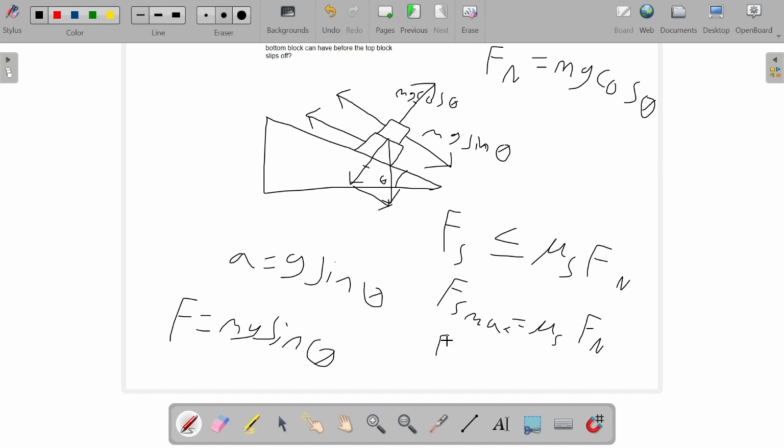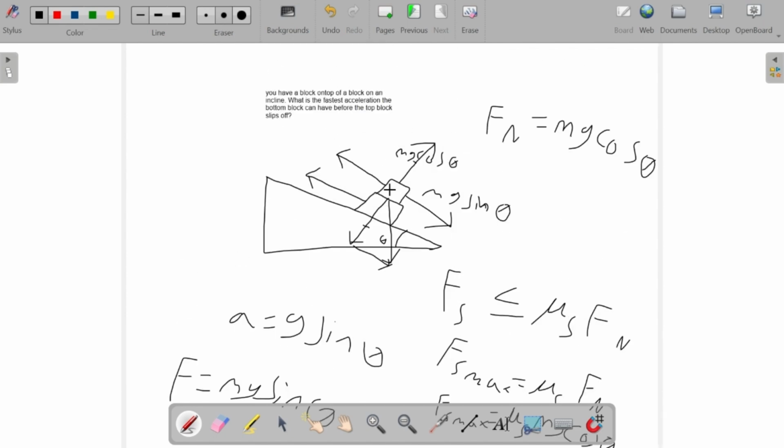Okay, so that means that Fs max equals mu s times mg cosine of theta. So that means that the net force acting on this block will be mu s mg cosine theta minus mg sine theta.